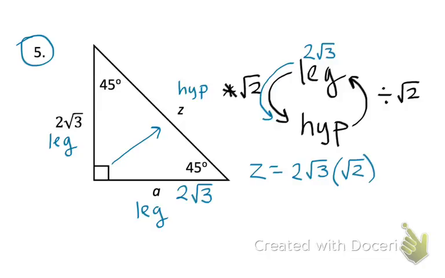Since I have two square roots, the square root of 3 and the square root of 2, I can multiply those together, and then I'm going to leave this 2 out front. So this is going to look like 2, and then underneath the radical, 3 times 2 is 6, so square root of 6. So I have Z is equal to 2 square root of 6, and I have A is equal to 2 square root of 3.